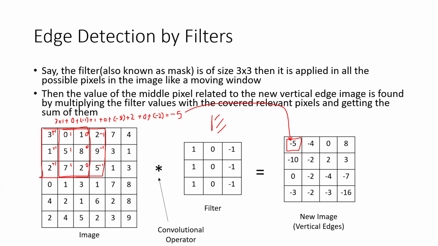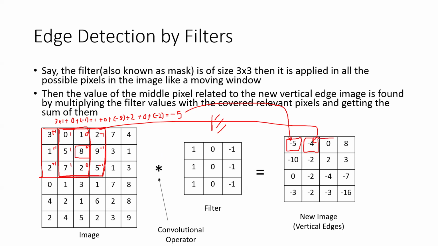Then you multiply with these values: 0 times 1, plus 1 times 0, 2 times -1, plus 5 times 1, plus 8 times 0, plus 9 times -1, plus 7 times 1, plus 2 times 0, plus 5 times -1. And then you get the value -4. That is how you calculate the edge image value for this pixel.